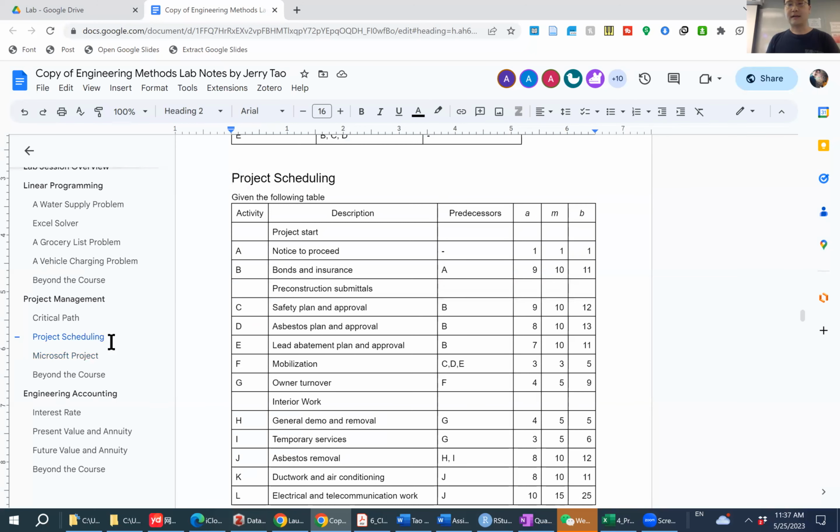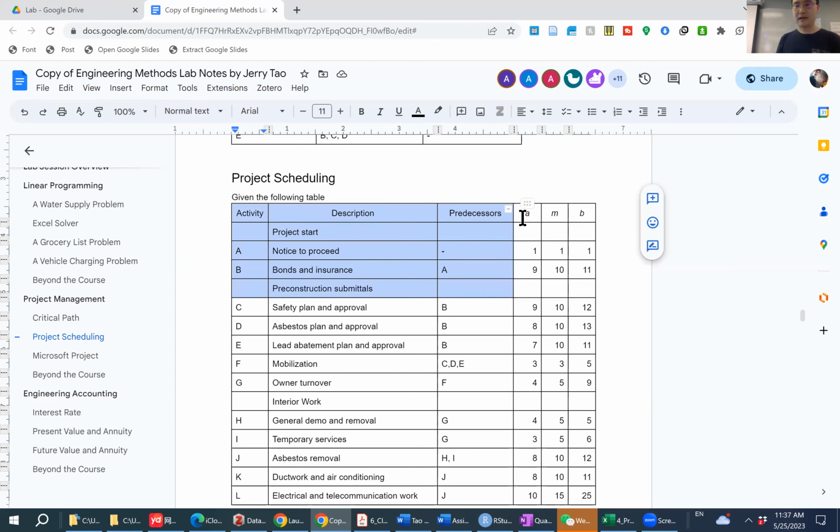Recall that last time we worked on a project scheduling problem. We were given a project schedule table with some duration parameters. A here is the minimum duration, B is the maximum duration, whereas M is the most likely duration.